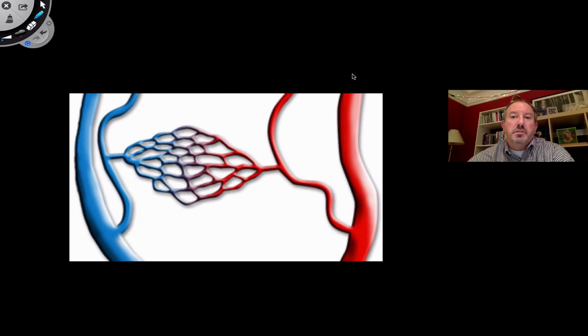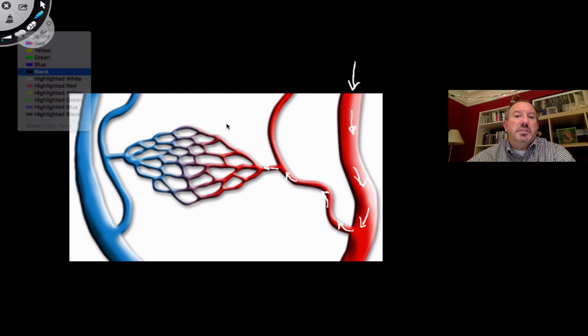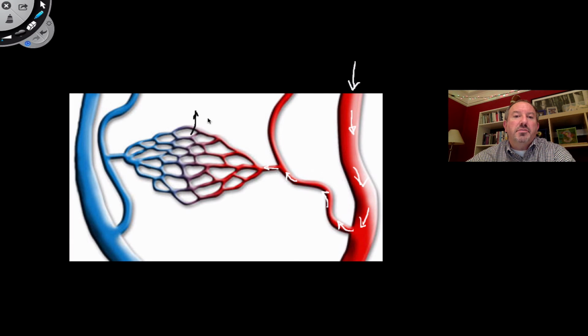And so in the systemic circuit, though, let's check this out. Let's pick a color that you can see right here. So if the blood's flowing in this direction and it's going away from the heart, this is an artery away from the heart, and then some of it will branch off like this, an arteriole like this, and ultimately into the capillary bed. What's interesting here is that this is where diffusion is going to take place.